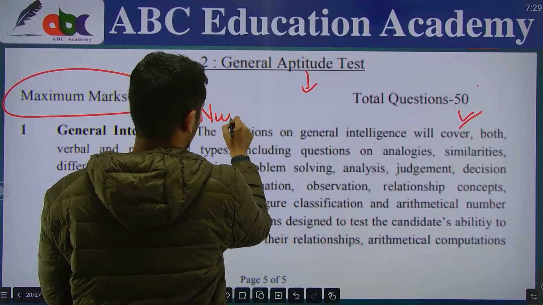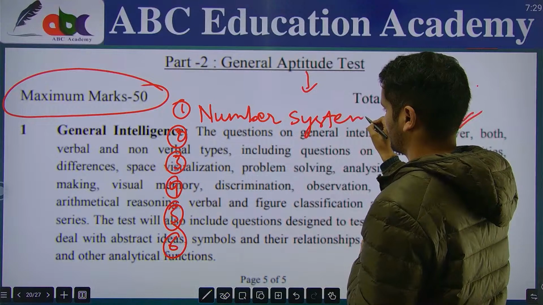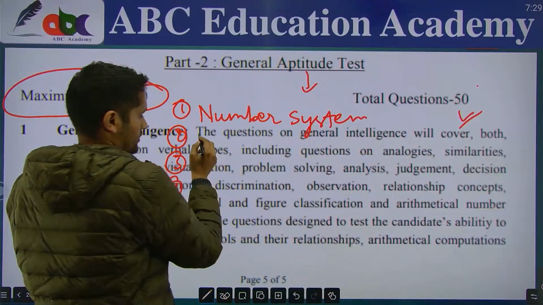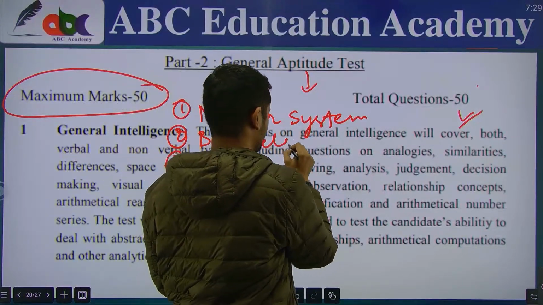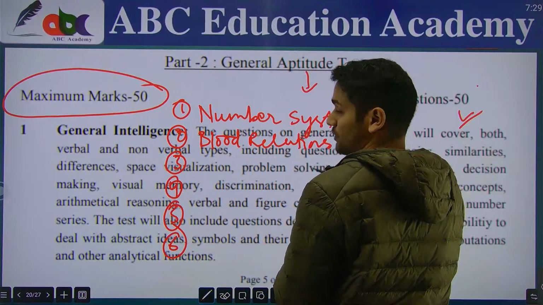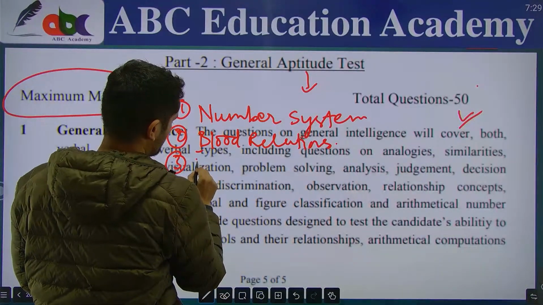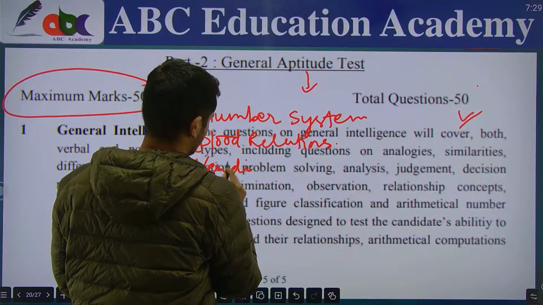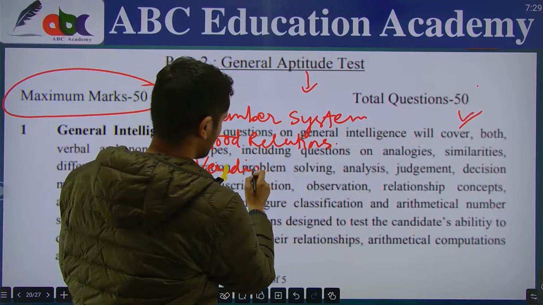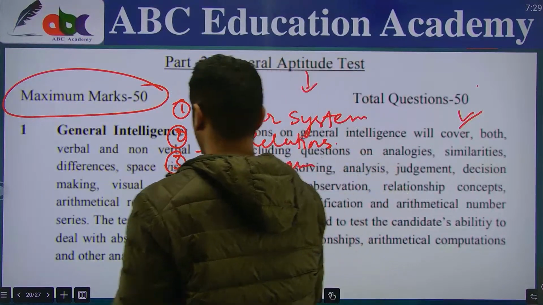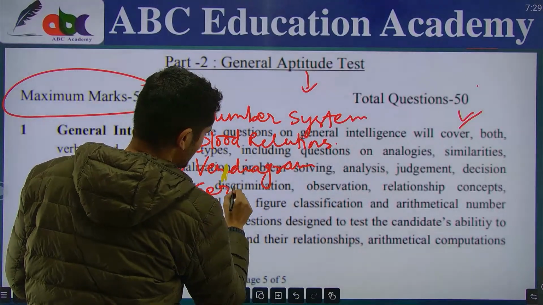First, you have to cover number system. Second is blood relation. These questions are very simple, but you have to practice them. Third would be Venn diagram. Fourth will be series, questions related to series.